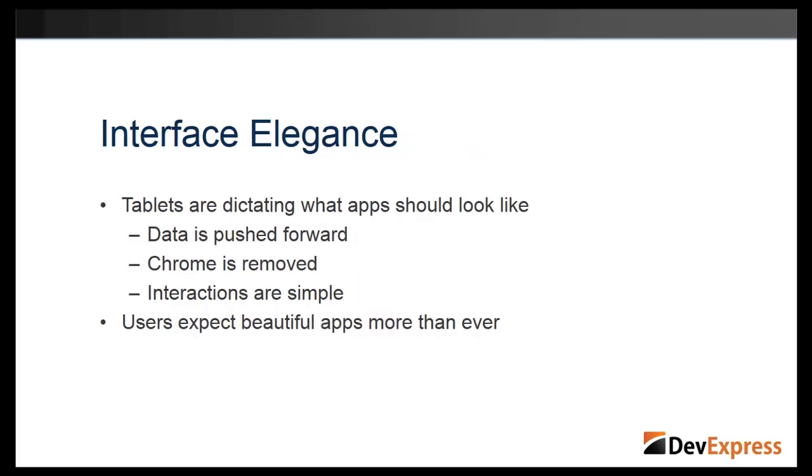Interface is growing more and more important, I think, especially elegant interfaces. Tablets and phones and all these mobile devices are dictating what your apps should look like. Data is being pushed forward, it's more high contrast, versus the Chrome, which is the bit that isn't data, which either gets removed or pushed back into the background, very low contrast.